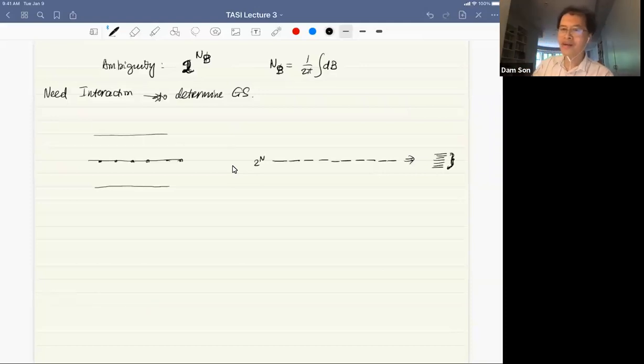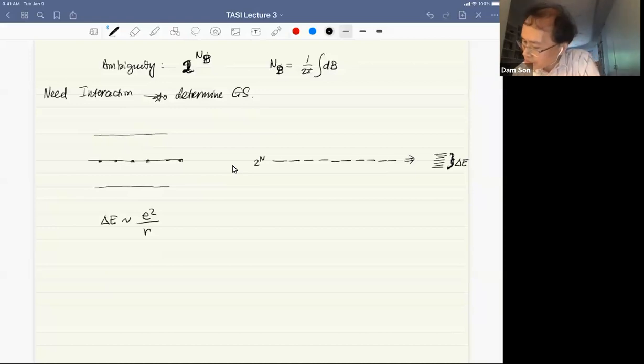Let me call the spread of the energy delta E. Roughly speaking, delta E can be expected to be the strength of the Coulomb interaction, e squared over R, where R is the typical distance between the electrons, the particles.